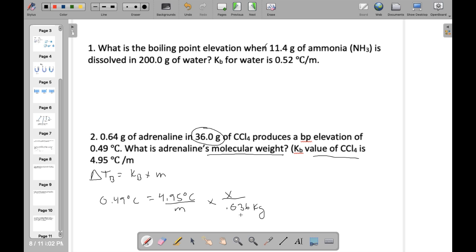Now, I could sit here and do a little bit of math. I could take 0.49 equals 4.95 divided by 0.036, and I'm going to get 137.5x. Then I can solve for x.